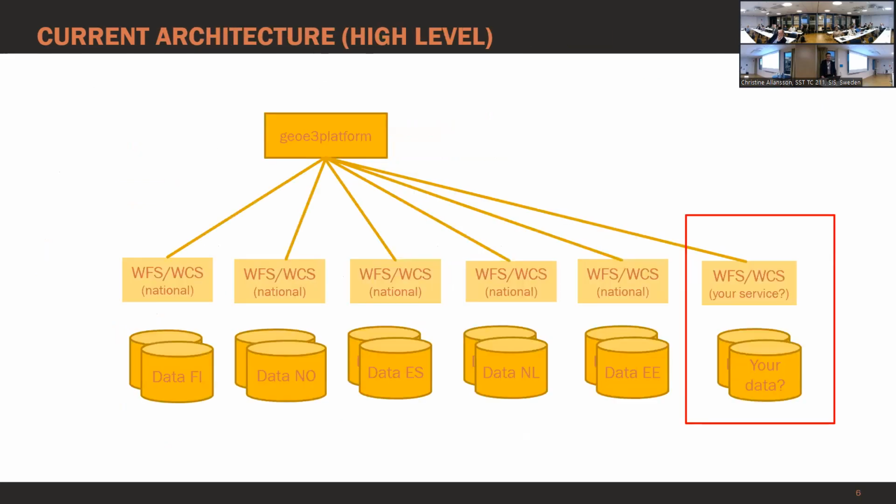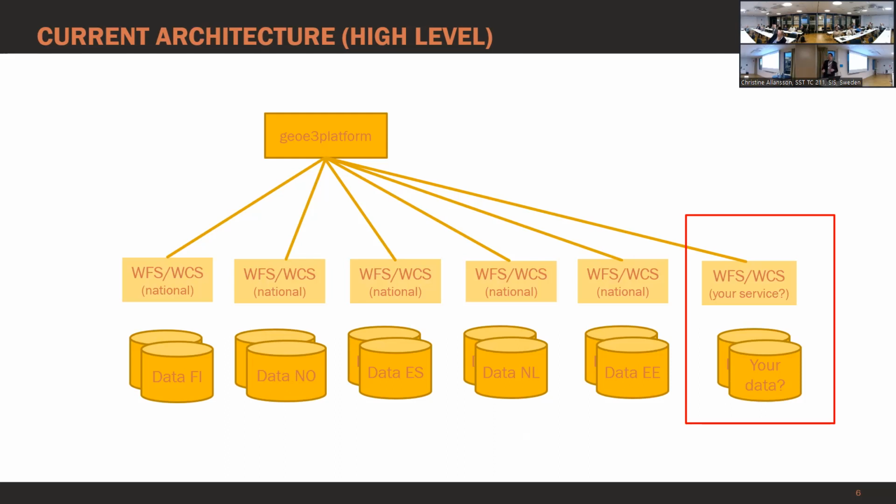So how we started this work: we have national data sets from different countries. Those are in your databases. And then all of us have legacy services, not deprecated, but maybe in the future, namely WFS and WCS in the national platforms, and those are connected to the GeoE3 platform, where we have tools to deploy these OGC APIs.